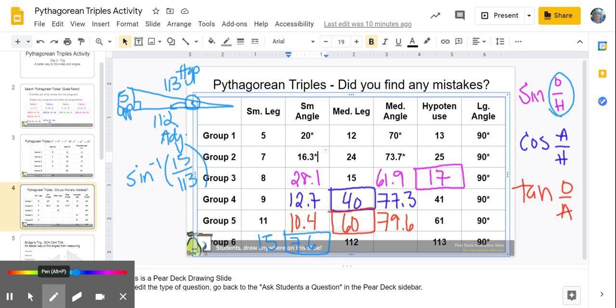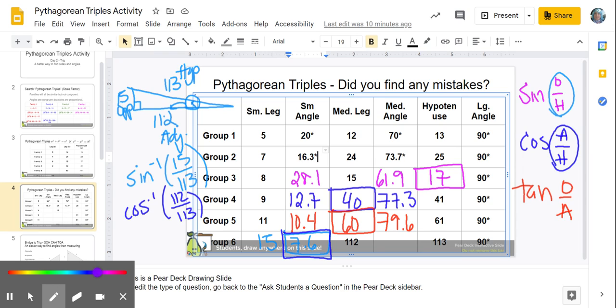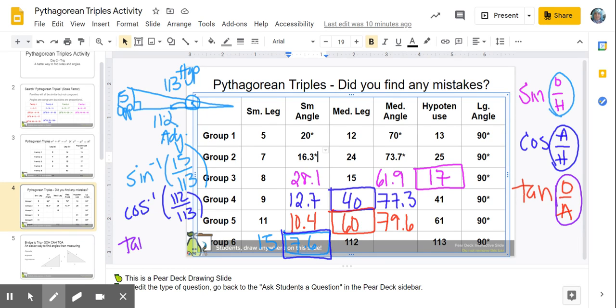If you used cosine, which you could also do, cosine is going to be A over H. So you're going to do 112 over 113. Put that in the calculator, you should also get 7.6. As long as you put the right ratio into the function, absolutely. So tangent. And I'm not always going to give you all three pieces of information.